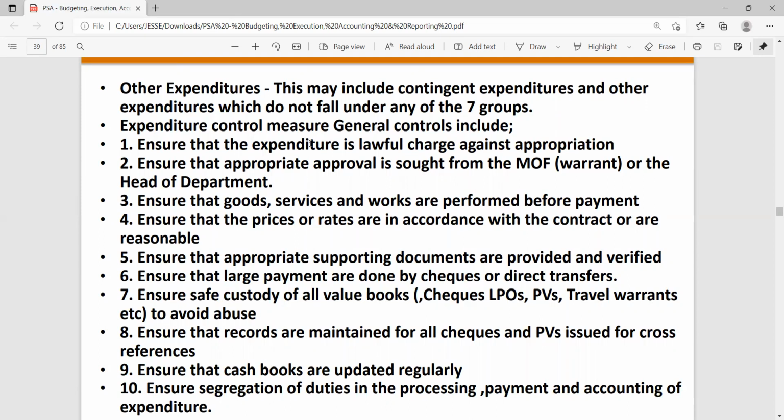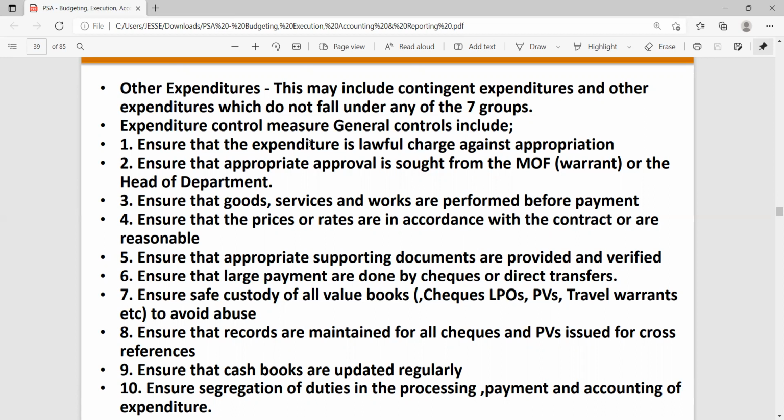How do we put in place the required control measures to manage expenditures? Very, very key. How do we put together the right controls to manage expenditures? So some of the general controls include ensuring that the expenditure is a lawful charge. The expenditure has to be a lawful charge.